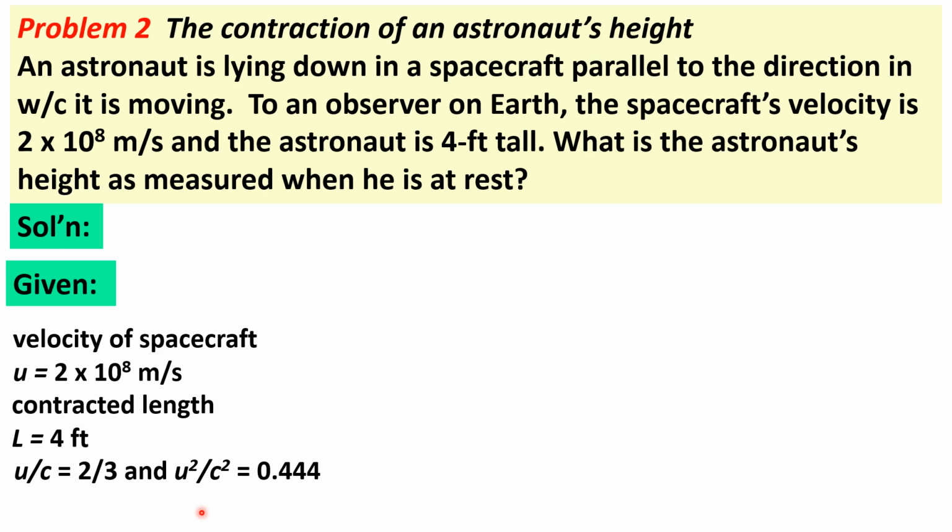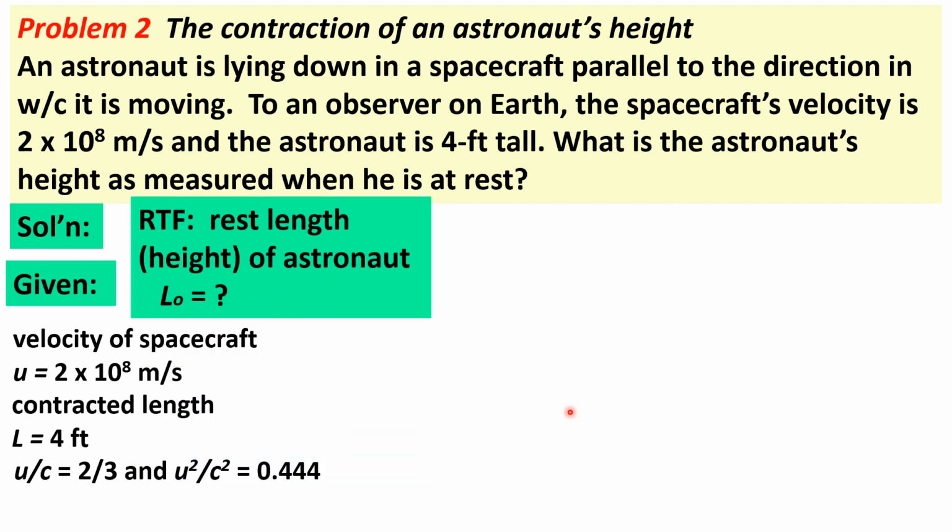And squaring that, we will get the value of v squared over c squared equals 0.444. All right. What we are looking for is the rest length, meaning the actual height of the astronaut, L naught.